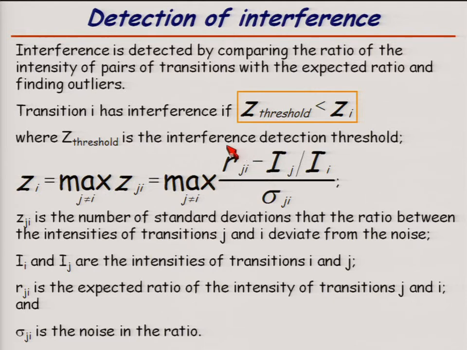Here we have the expected ratio between transition j and i, and then we subtract the measured ratio, and then simply divide by the standard deviation. So we simply measure how far from the expected ratio the outlier is, how many standard deviations from the distribution our measurement is.